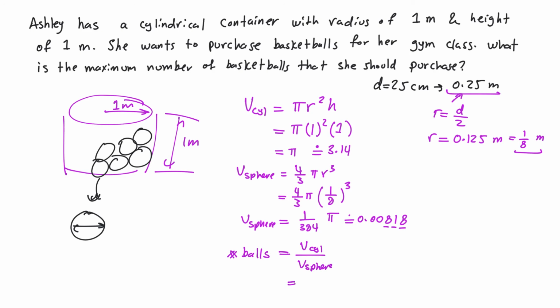And I will get pi over 1/384 pi. And if I do this, I will get 384. If you put in the approximated value from here, you could also do the same thing. So I'm just going to write also equal to 3.14 divided by 0.00818.